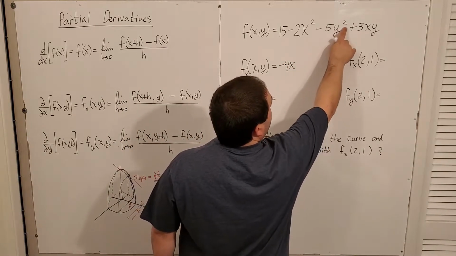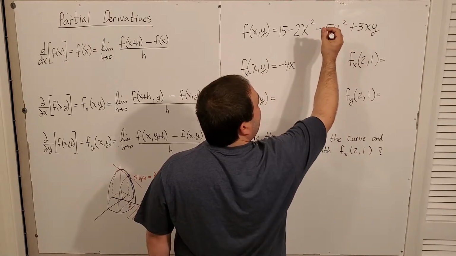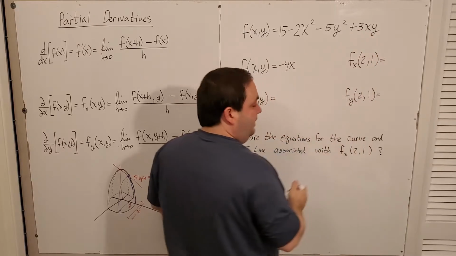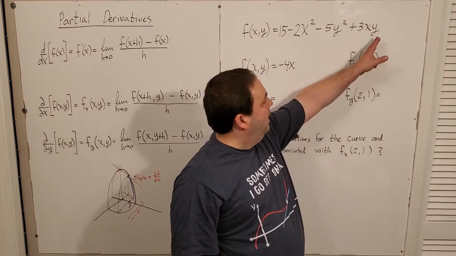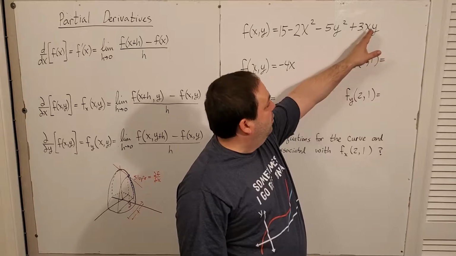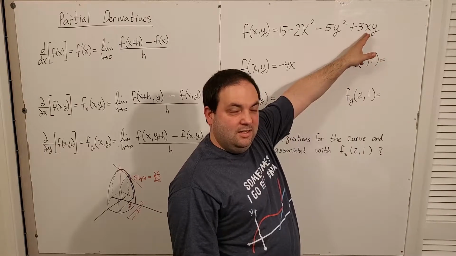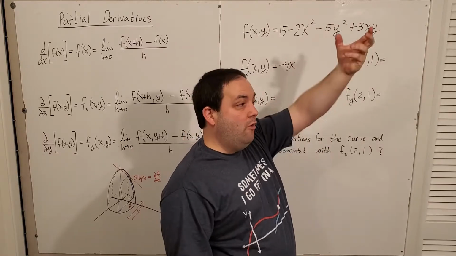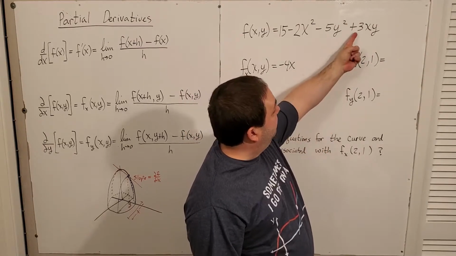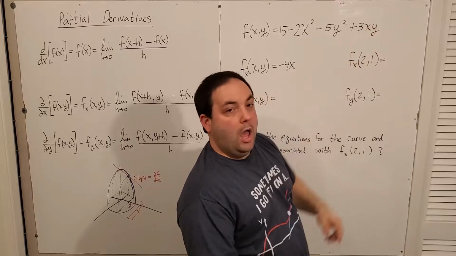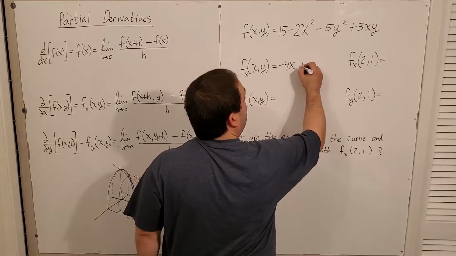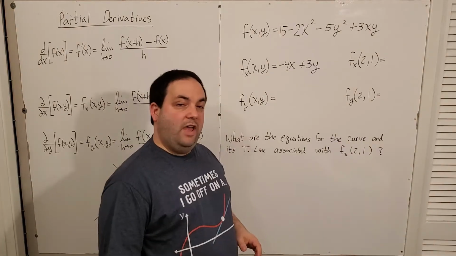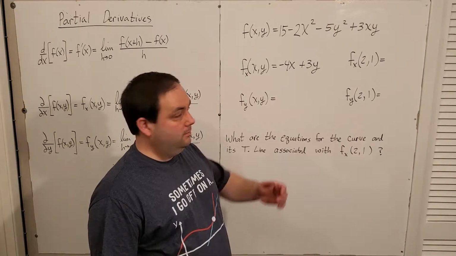The derivative of 5y squared, that's a constant, is 0. The derivative of 3xy: now remember, y is just a number. What's the derivative of x? 1. And then any multiplied numbers follow along. So I have 3 times 1 times y, or plus 3y. So there's my partial derivative of f with respect to x.